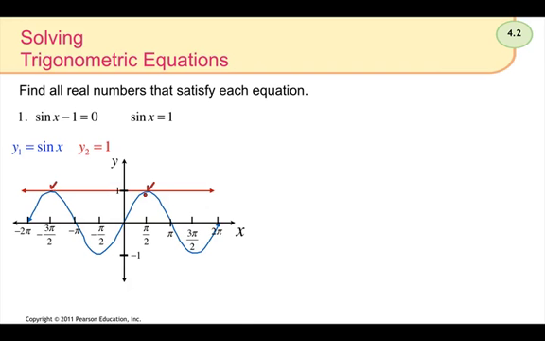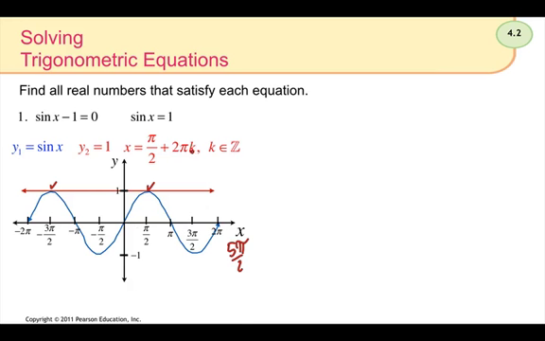So all I'm going to do is describe all those solutions using the following, which is going to be x is equal to the first answer that I choose to work with. I could have chosen negative 3 pi over 2, or I could have chosen the one to the right of pi over 2, which is actually 5 pi over 2. And then I keep adding 2 pi units from that starting point.